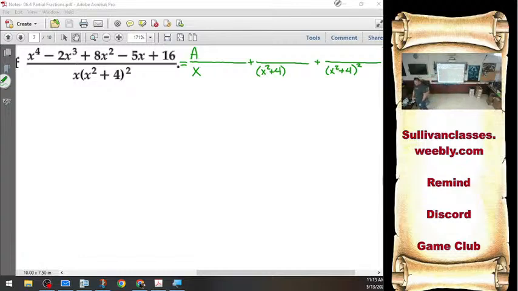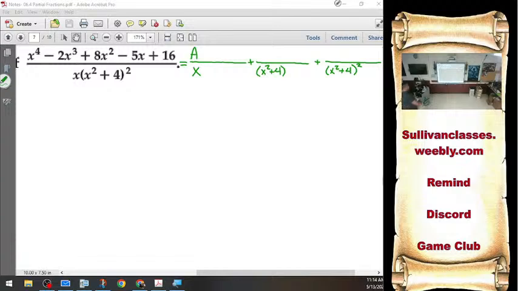Because, how do you factor x squared plus 4? Remember sum of squares instead of difference of squares? Plus or minus 2i, right?